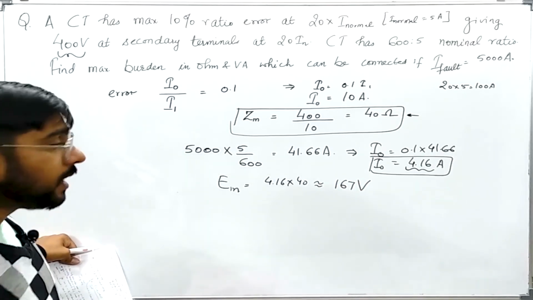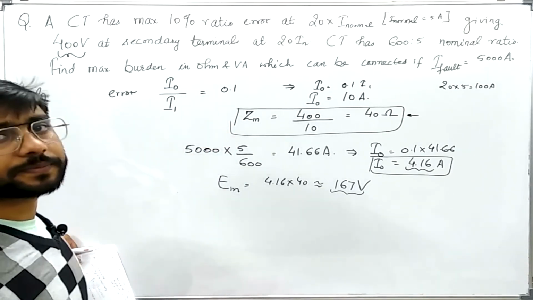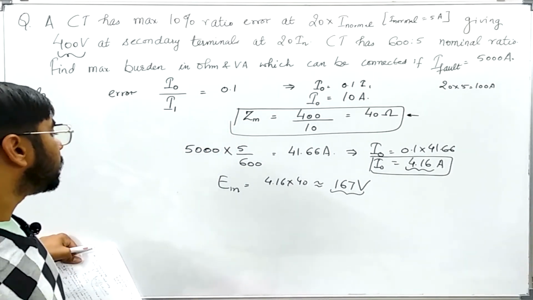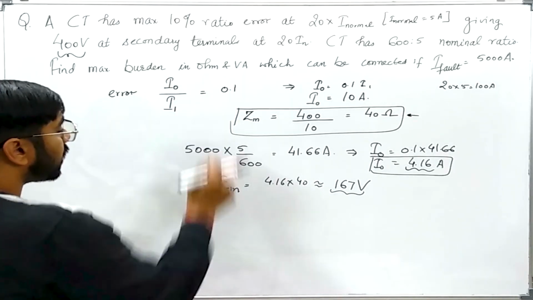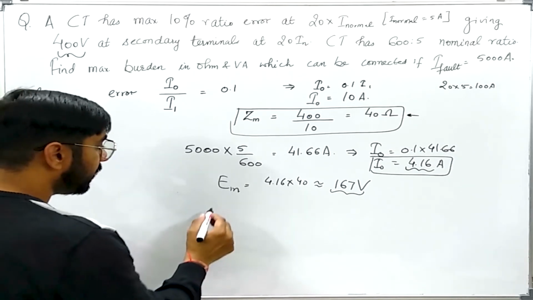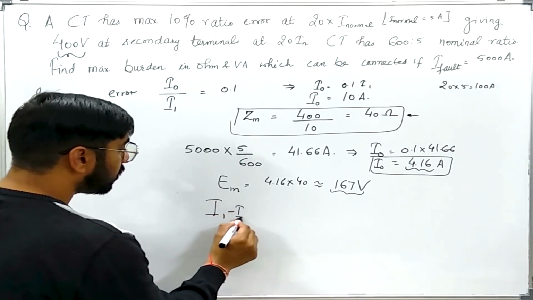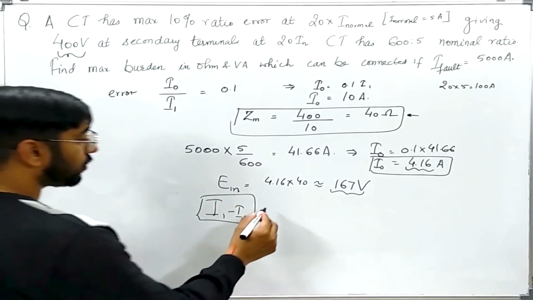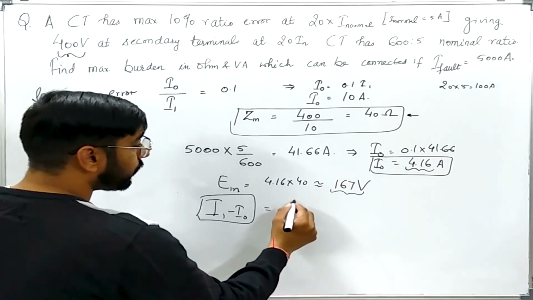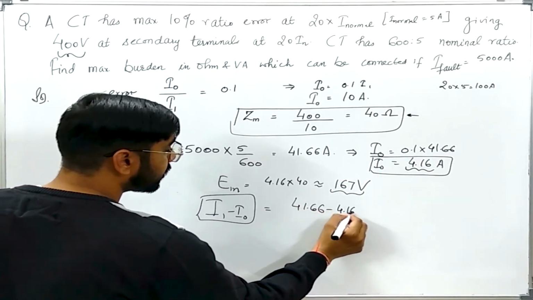Now we have found the value of the induced voltage. There is one more thing we need to find, the value of burden in ohm. Now the current flowing in the burden will be I1 minus I naught, and all of these are referred to the secondary side. So the I1 current is 41.66, I naught is 4.16.